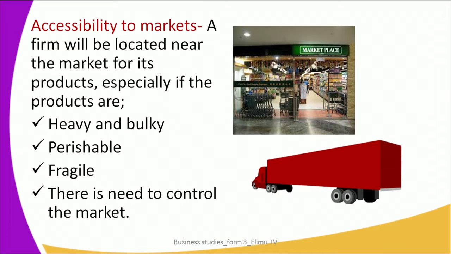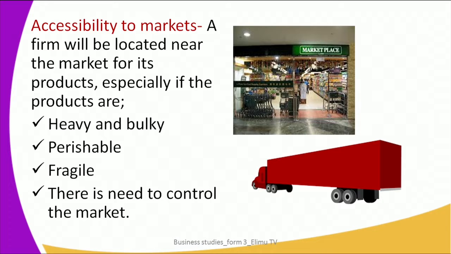The other factor influencing the location of a farm is the accessibility to the markets. The market is where the goods are sold. In the market, you'll find the consumer. A farm will be located near the market for its products, most especially if the products are heavy and bulky.